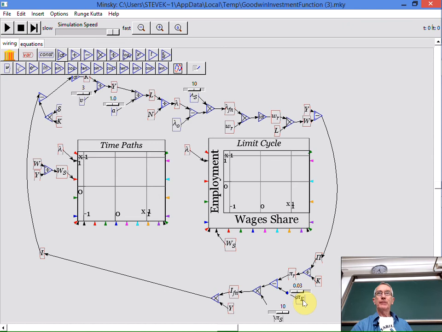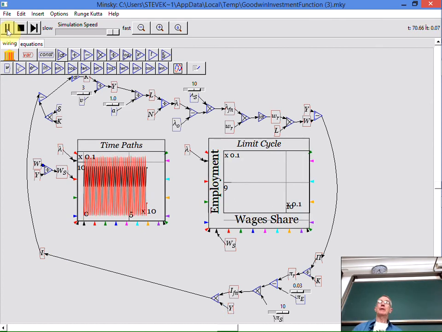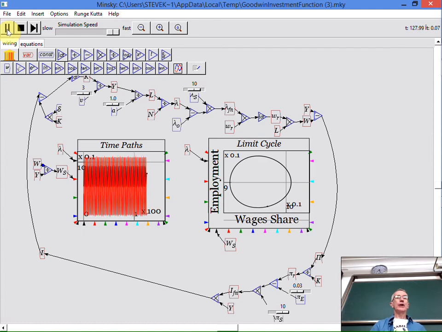Subtract the equilibrium level, you get a gap between what the actual rate is and the level that keeps capitalists investing just what they earn. Multiply that by a slope function, you get the actual level of investment. Multiply that by output, you get investment, and then on you go. If I simulate it, I get the same cyclical behaviour shown a moment ago. So it doesn't actually change the nature of the equation.